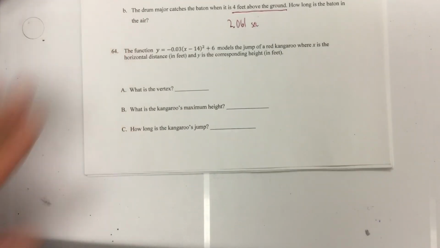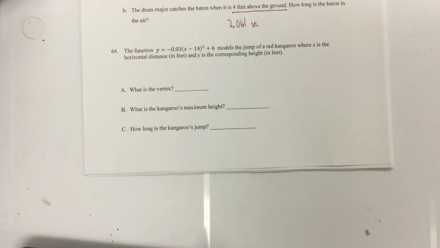All right, for number 64, you can actually do this one just by putting it in the calculator, or if you just recall how to do it by hand, you can do it that way as well, but I'm just typing it in the calculator real quick.